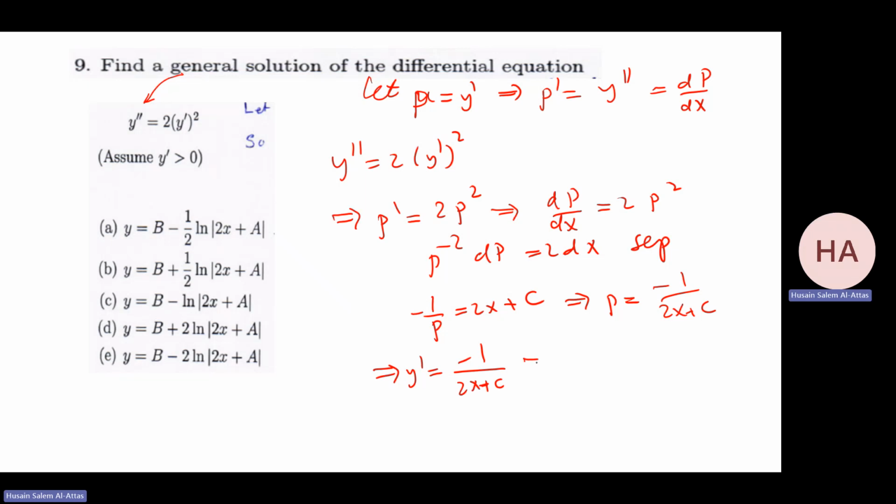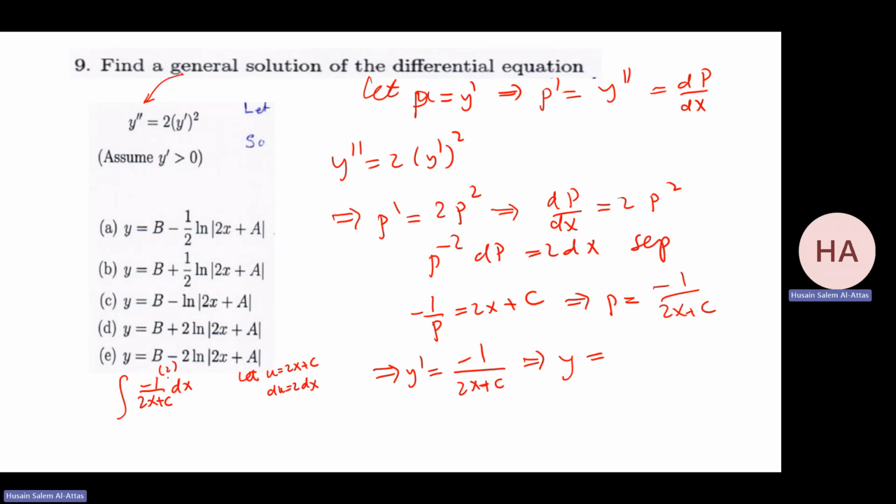What will be y, the integral of this? What's the integral of this? Yeah, I think by substitution it is very clear. If I let u equal to 2x plus c, du will be 2 dx.